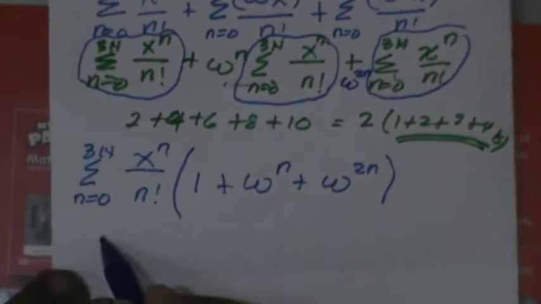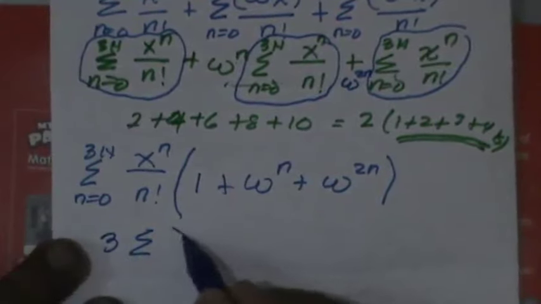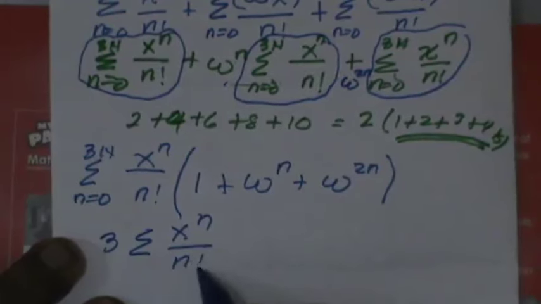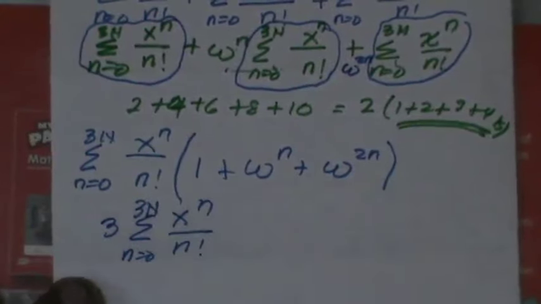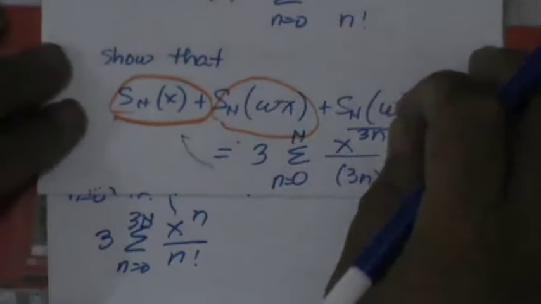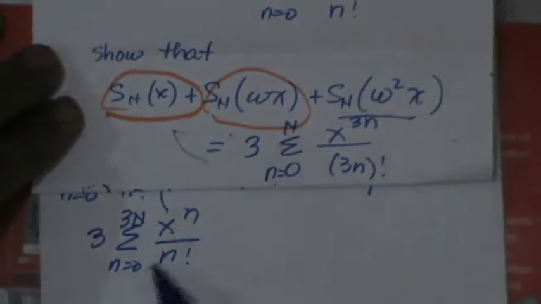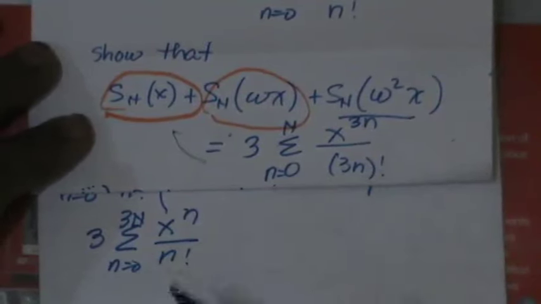And so we have here that this is now 3 times the sigma of x to the n factorial from n equals 0 to 3n. Now let's try to check the question. Is it similar now? If you're going to look at the question there, this one is not. But if you look at it properly, these two are actually the same. Why?